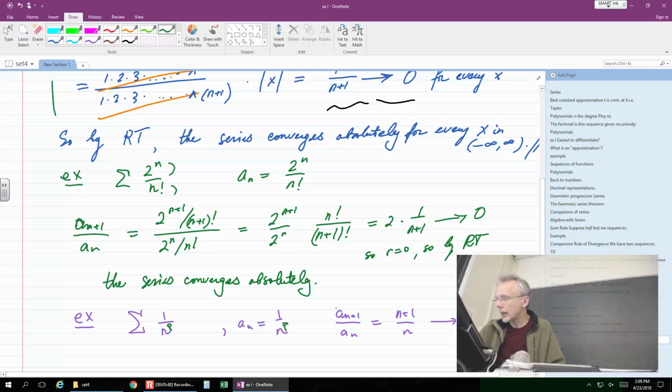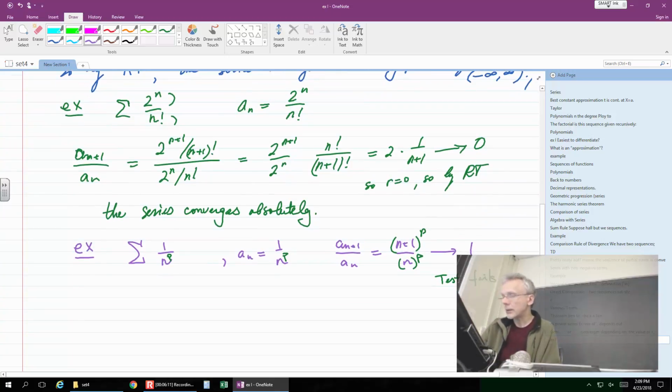Then I have here n plus 1 to the power p over n to the p, and it doesn't matter what that p is. The limit is 1, so the test fails. The test fails for all p-series, unfortunately, but we already know the convergence of p-series, so that's not a big loss.